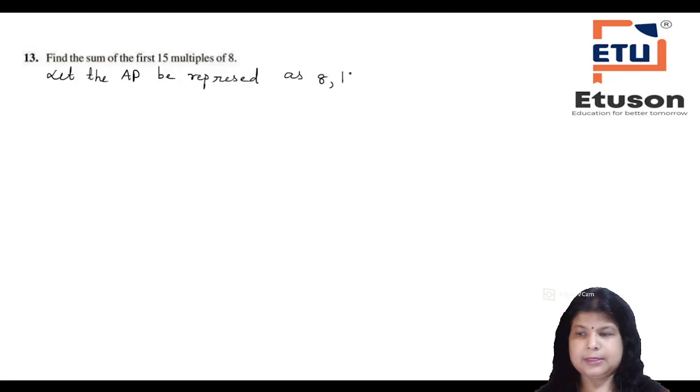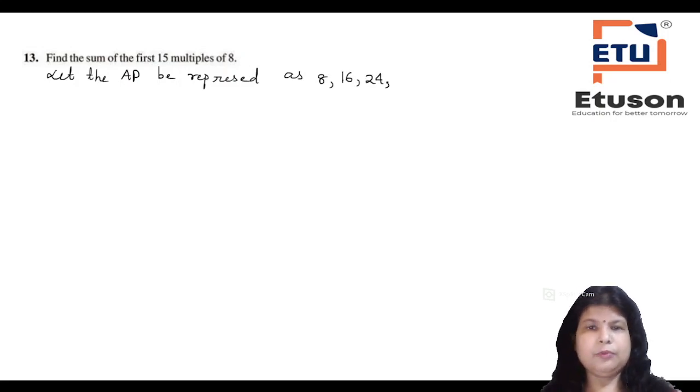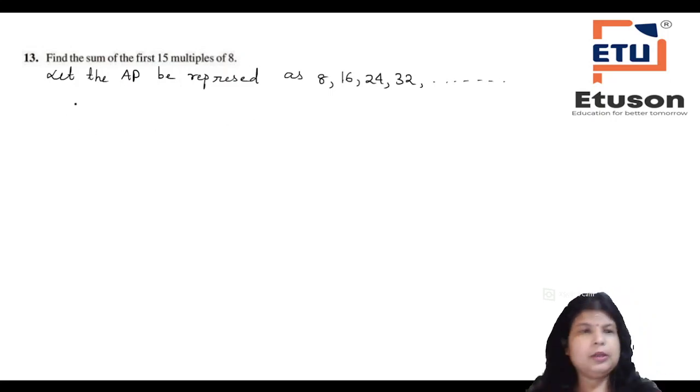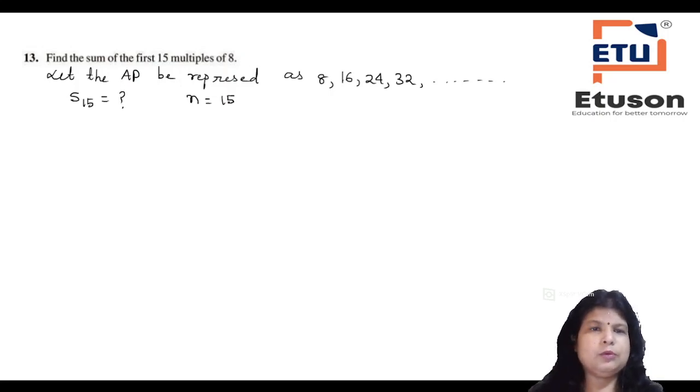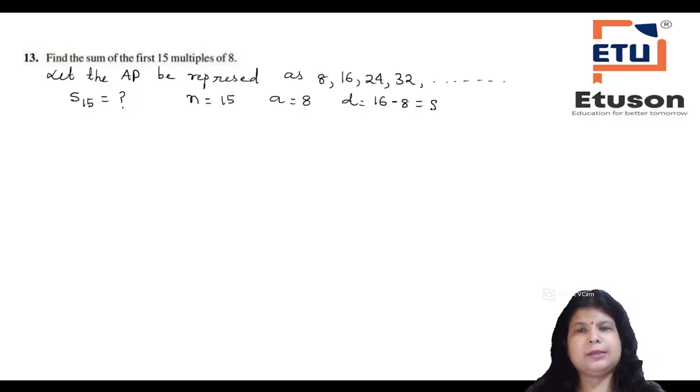Then 16, then 24, then 32, and so on and so forth, right? So what do you need to find out? You have to find the sum of 15 terms. So what is your n value? n is equal to 15. What is your a value? First term, it is 8. What is your common difference? It is 16 minus 8, that is equal to 8.